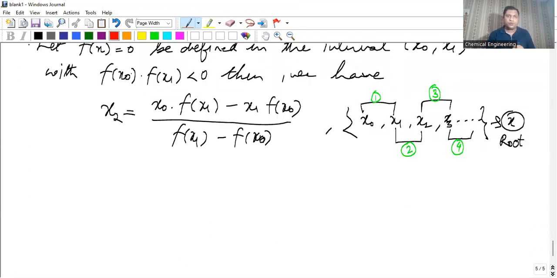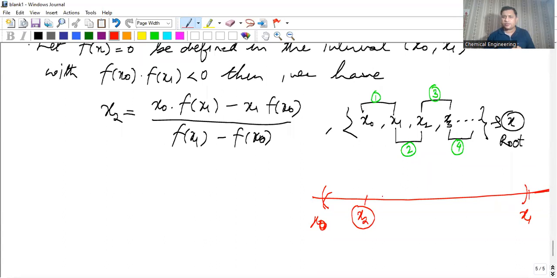We'll have the interval, this is x0 and this is x1. Now x2 will be somewhere here. First we were considering this interval, and now we'll consider this interval. Then we can have x3 somewhere here.